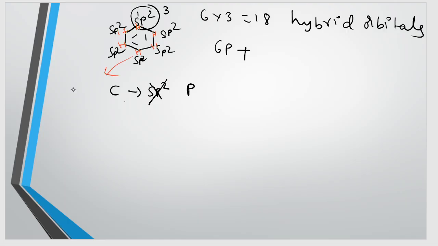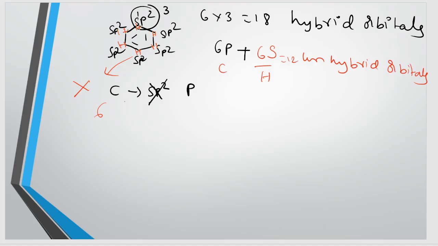The hydrogen will not undergo hybridization. So the 6 p orbitals of carbon and 6 s orbitals of hydrogen don't undergo hybridization, and hence 6 plus 6, a total of 12 unhybridized orbitals.